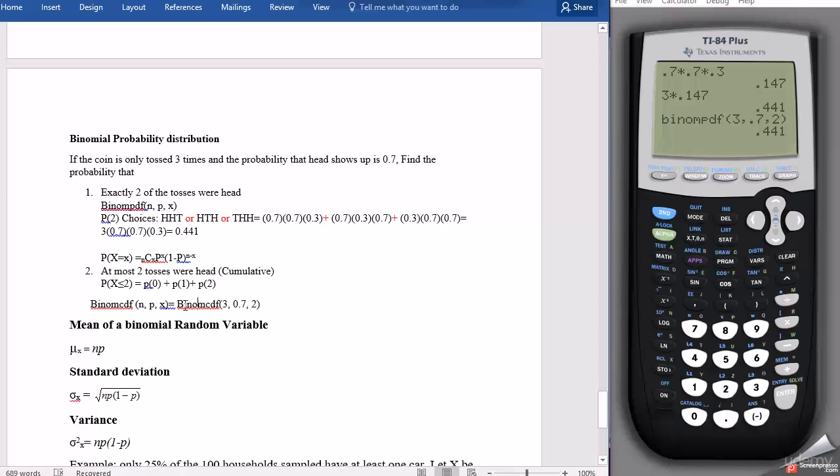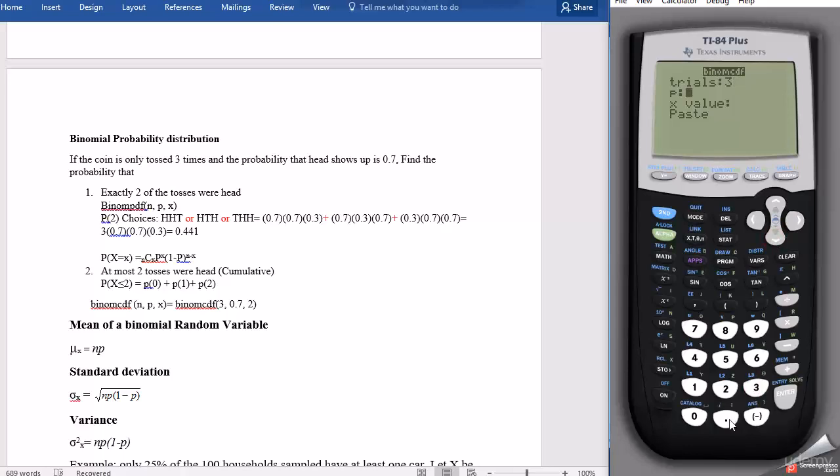All right, so of course this should be small letter b. It doesn't really matter. We'll go back to second vars, and then I'm going to go up and select number B, which is the binomial CDF. Now the number of trials is still 3.